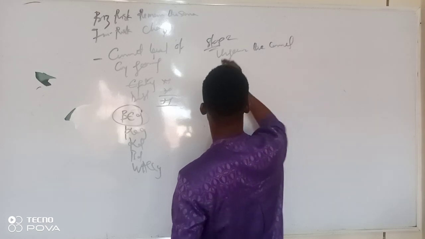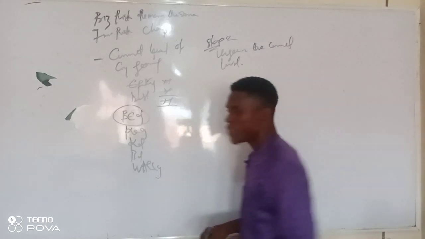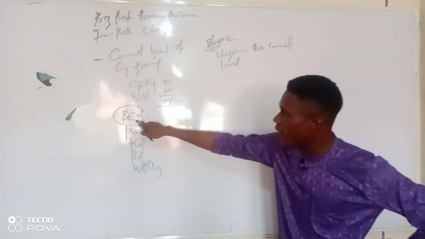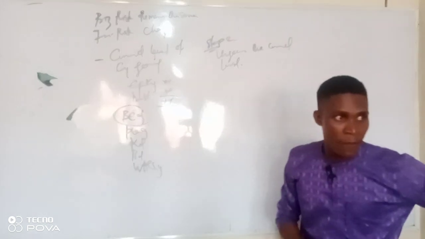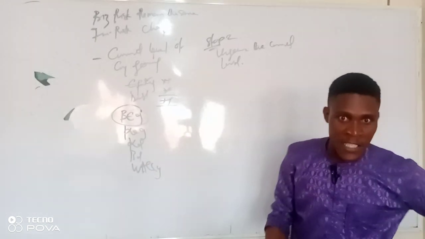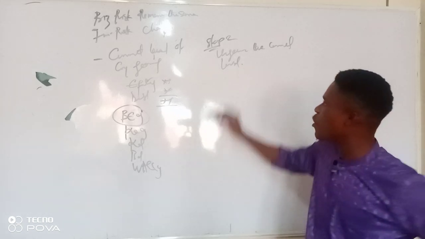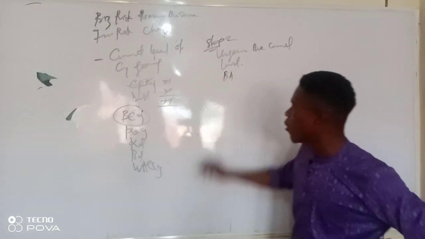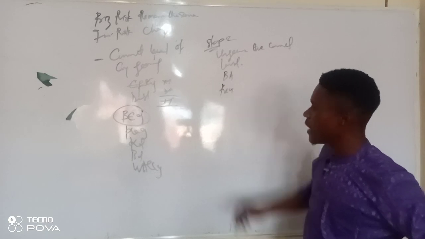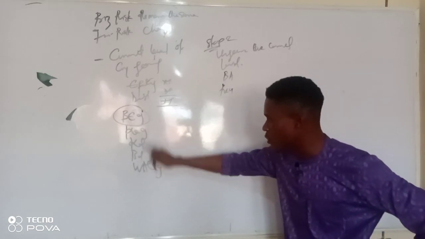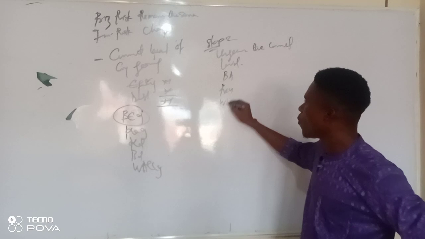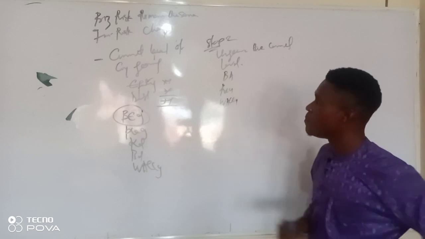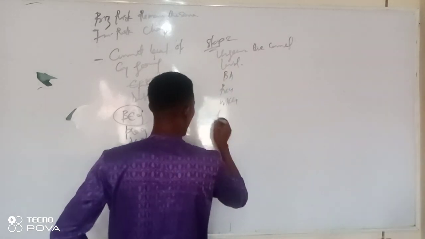When you ungear the current level, that means you convert this to beta asset, right? Once you ungear this, you become beta asset, that is, you become beta equity of an ungeared company. If you ungear this, you have cost of equity of ungeared. If you ungear this one, you have WACC of ungeared, right?